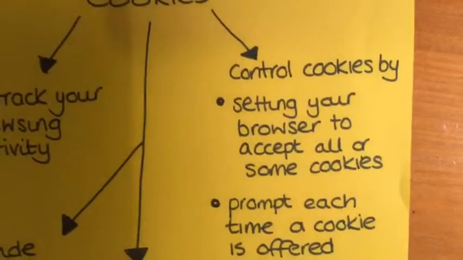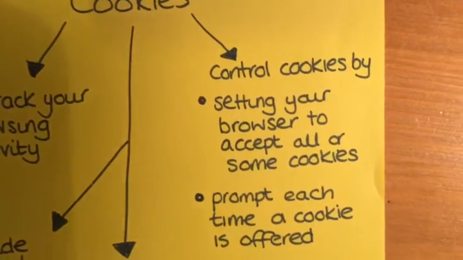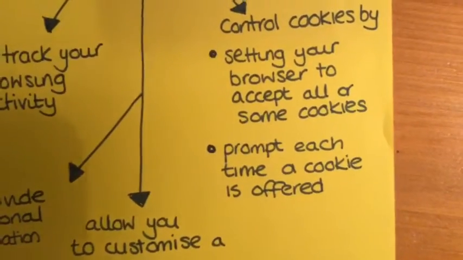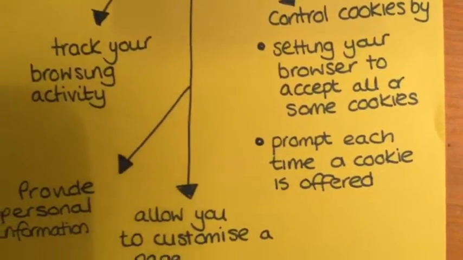You need to know how to control cookies, and you control cookies by setting your browser to accept all or some cookies, and you receive a prompt each time a cookie is offered. In light of the privacy concerns, as it were, the EU cookie law was introduced.